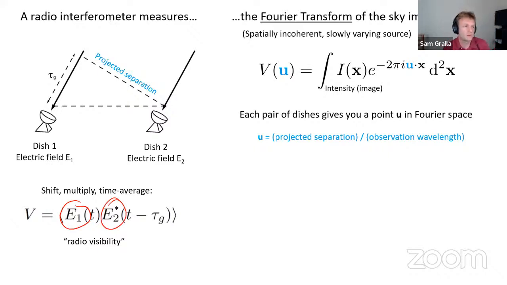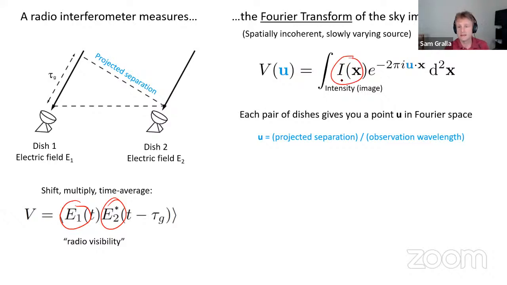You multiply and you time average a little bit. An amazing thing happens. It's like a miracle to me. Maybe for an optics person, it would seem natural. You just multiply the electric field and time average, and what you get is the Fourier transform of what was on the sky.